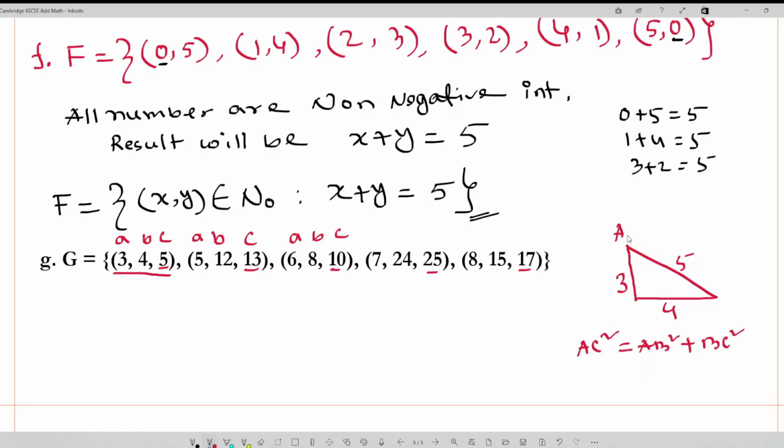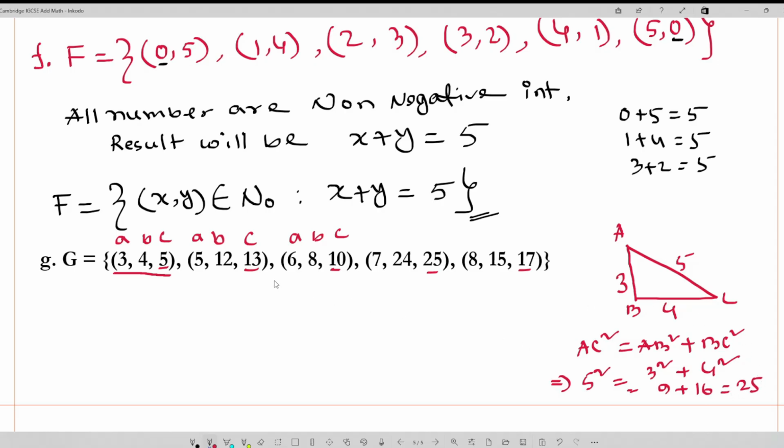So ABC as per Pythagoras theorem. So we can write, look, AC square means 5 square, right? And AB square means, AB means what? 3 square. And BC square means 4 square. Look, 3 square means 9, 4 square means 16, which equals to 25. 25 means 5 square.